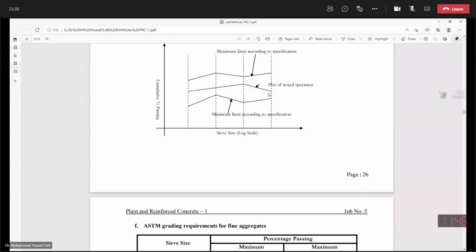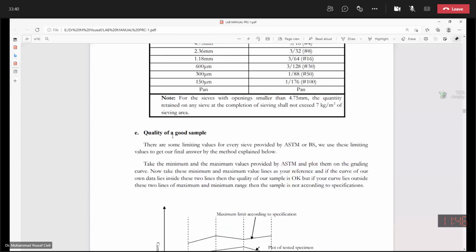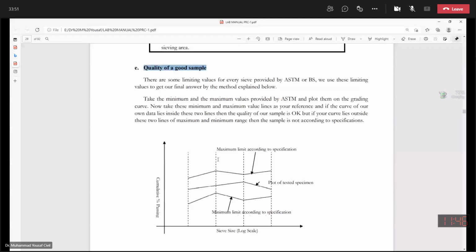Now this is just support from ASTM to use the material which is lying between these two limits. Otherwise, you can still use the material. It depends upon the choice of the engineer at the site, whether he is following the ASTM minimum and maximum limitations or not.